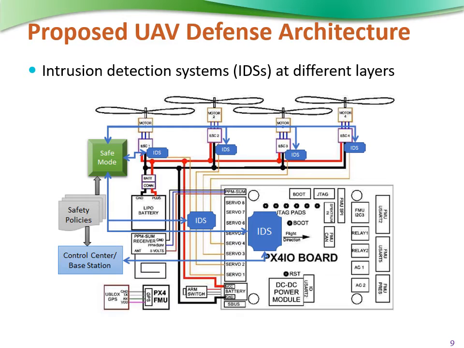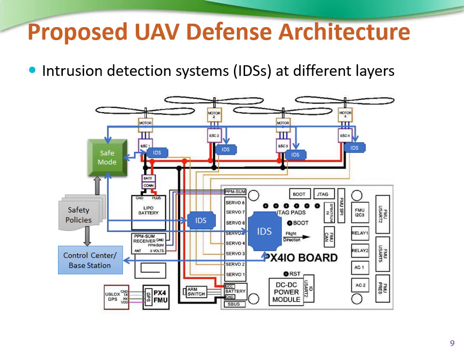We want to deploy them in three layers: at the controller level, that is the firmware and operating system; then the communication channel between the controller and the inverters, that is the ESC, from the PWM signal generators; and the last one is at the individual inverter or ESC level. According to its level of deployment, the capability of the intrusion detection will be defined.